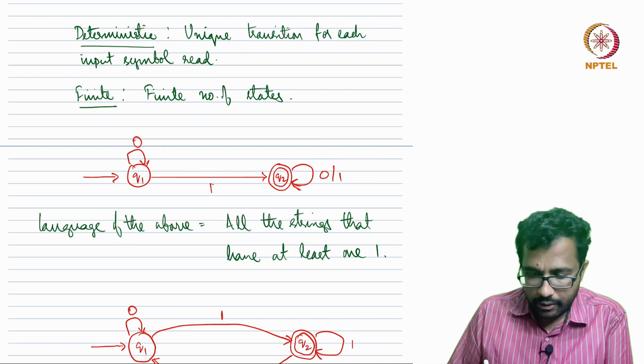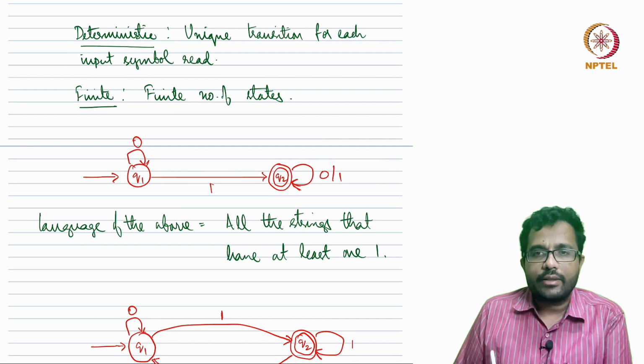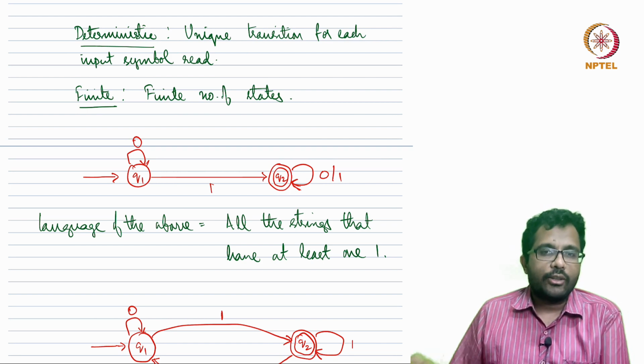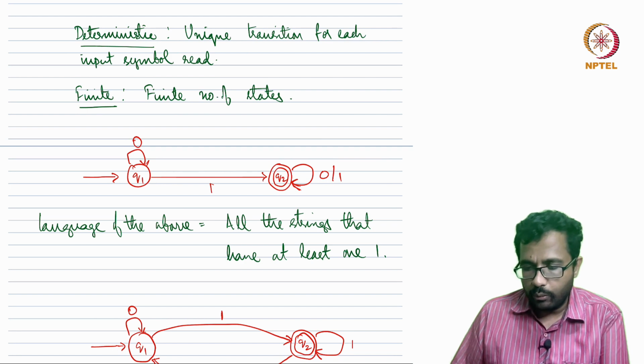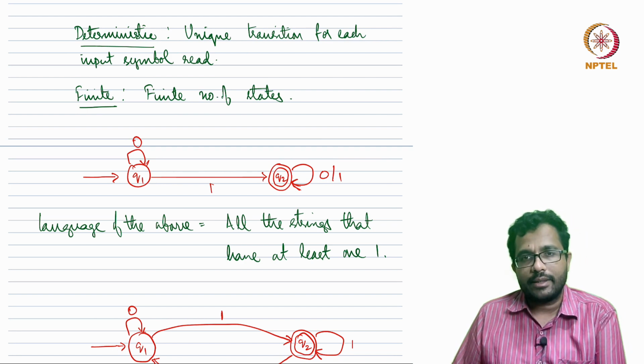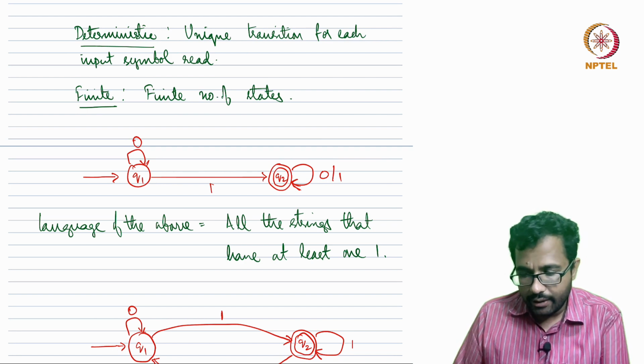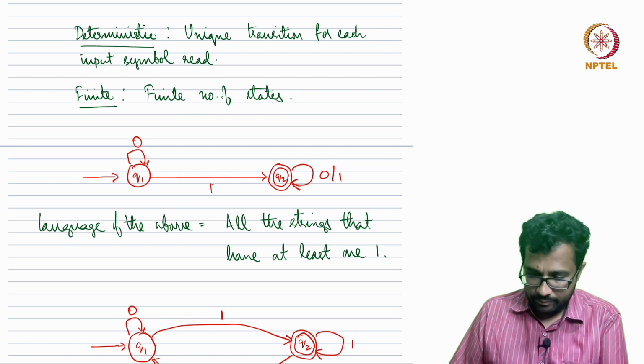The only way to not get accepted is if you are a string of zeros. So anything that is not a string of zeros has at least one 1, you move to Q2, and then you are accepted. The first 1 that you see will take you to Q2.